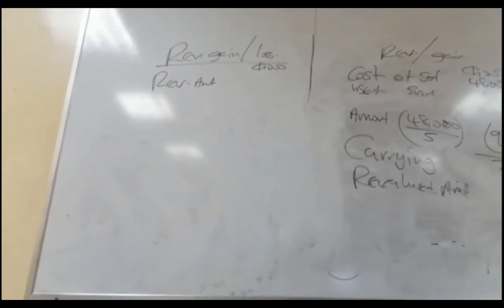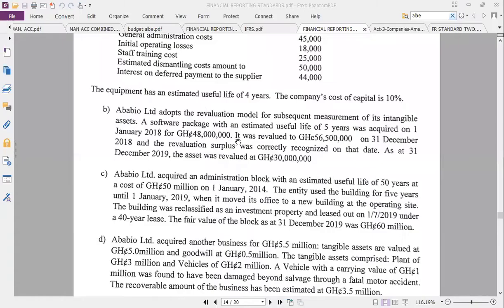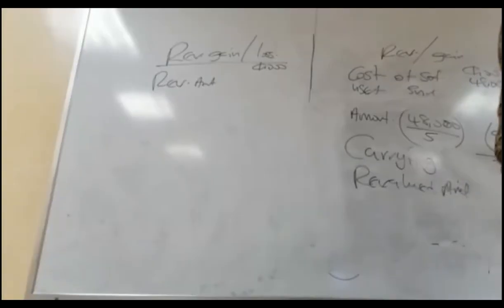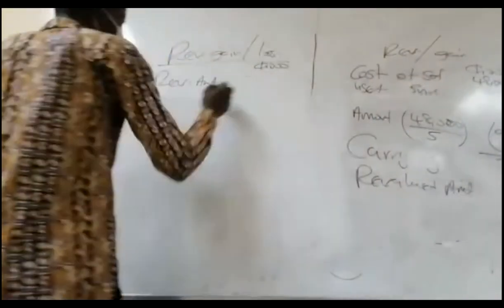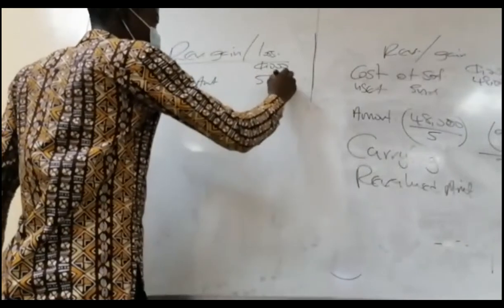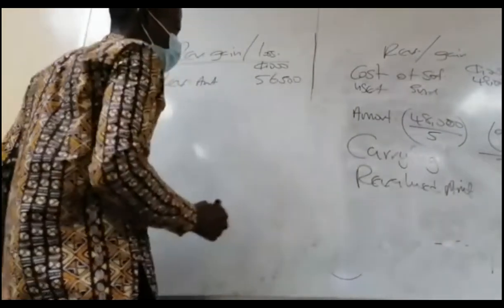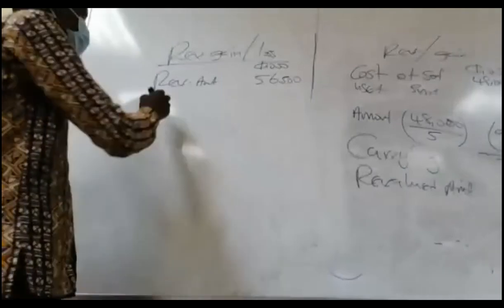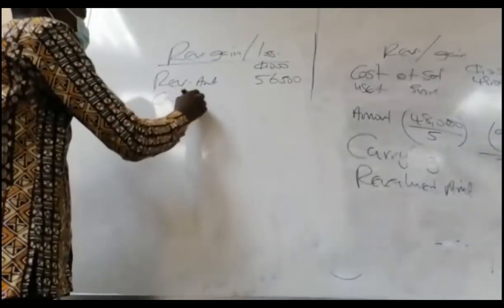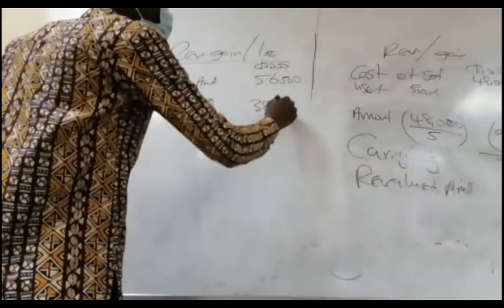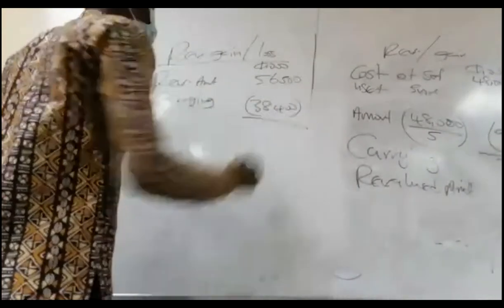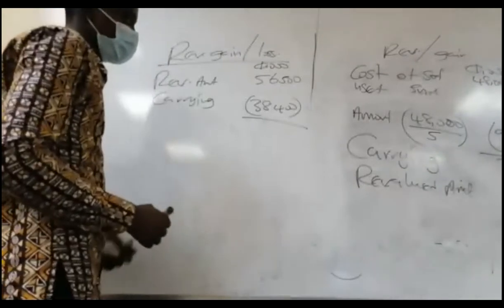The revalued amount from the question was revalued to 56,500. The revalued amount is 56,500. Good. Carrying amount at the date of valuation is what? We have 38,400. So there will be a revaluation gain.